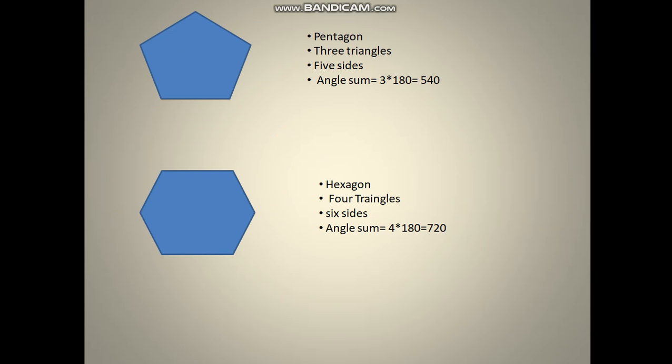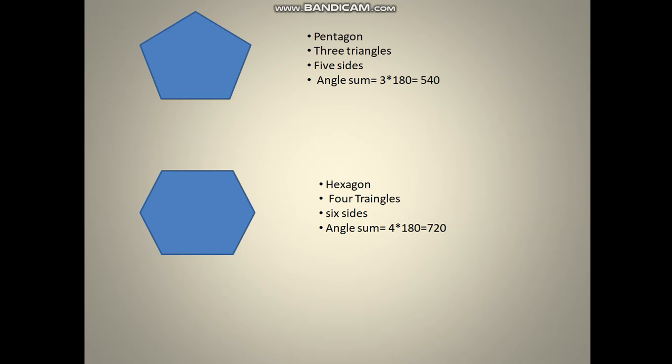In the same way, we can calculate it for a pentagon. A pentagon has 5 sides. If we divide it into 3 triangles, the angle sum is 3 into 180 degrees, which equals 540.